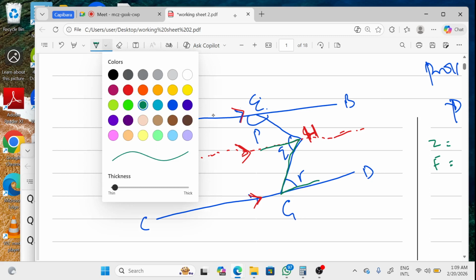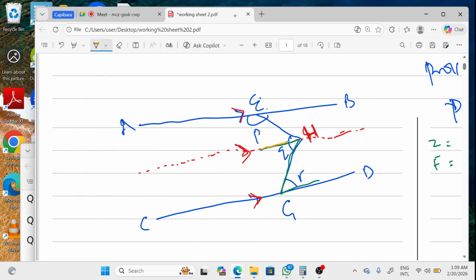That color is not really showing on that part, so let me use a gold. Shemilore, can you see my golden Z? I see it. Okay, you can see it, right?